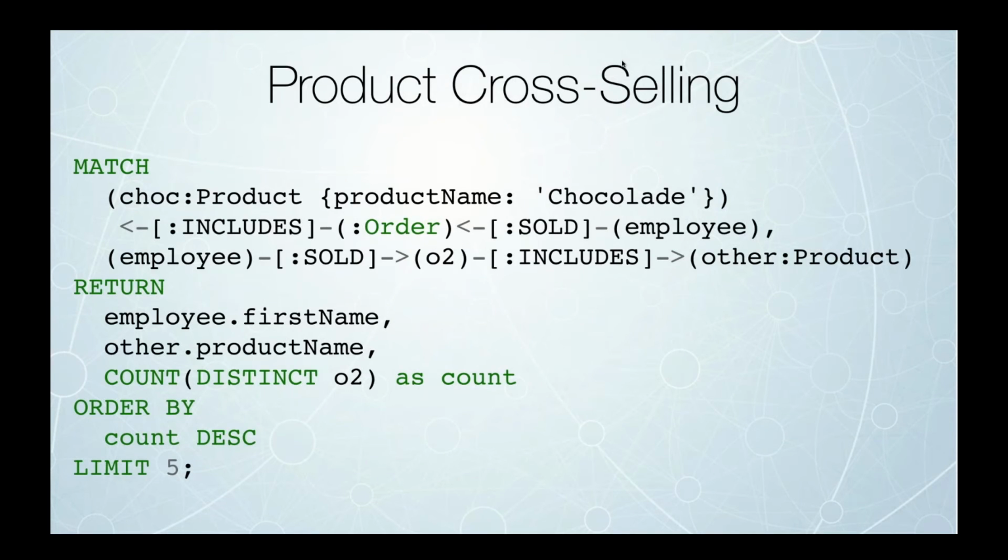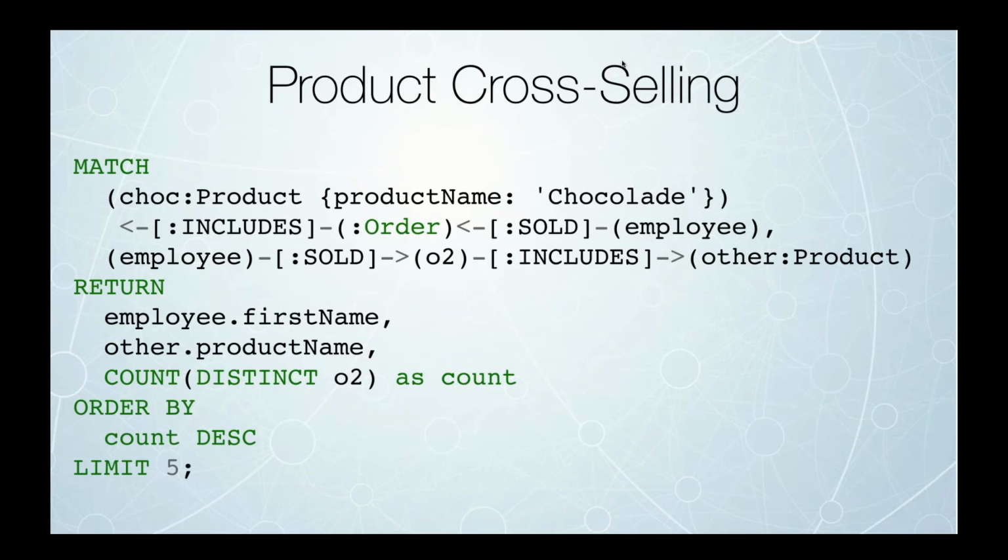We can define much more complex patterns. We can also use aggregation functions for things like reporting. So here we're looking at product cross-selling. So for this product, chocolate, let's find the employees that have sold orders that include it.